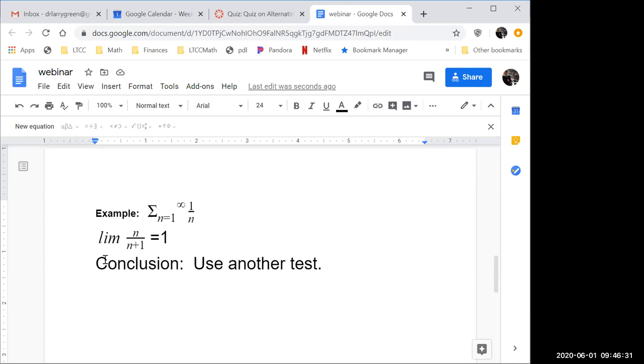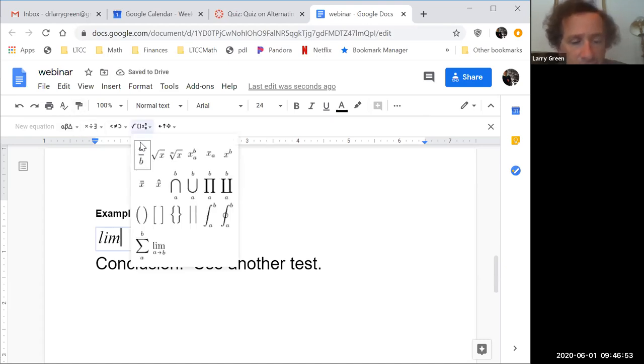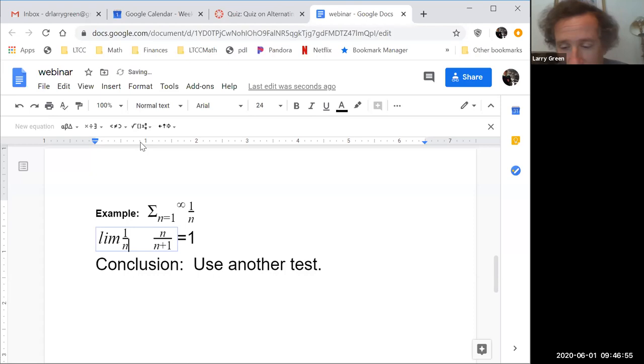I'm just curious as to how you set up n over n plus 1, the algebra behind it. Oh, okay. So let's do that. So we have the limit of 1 over n plus 1 divided by 1 over n, which is the same as multiplying by n over 1.